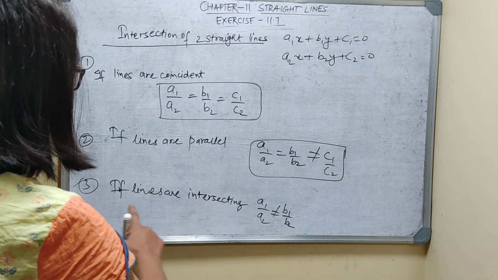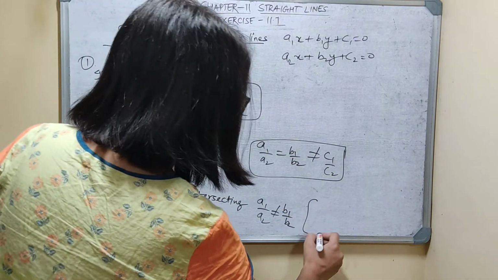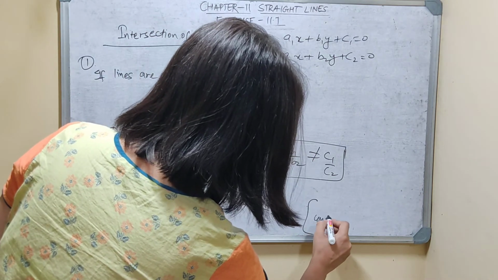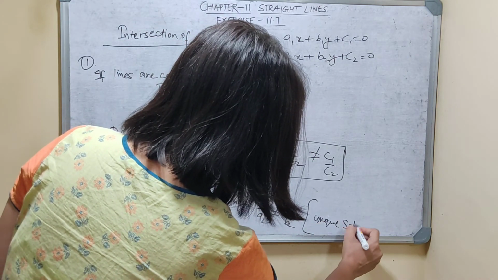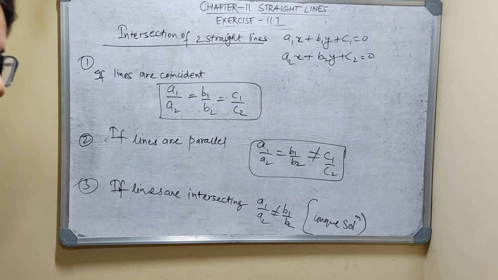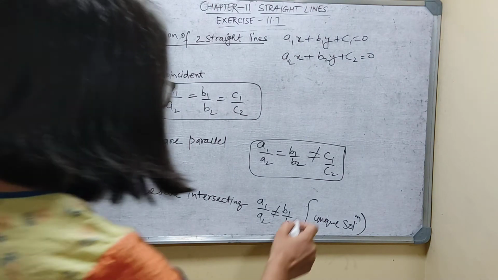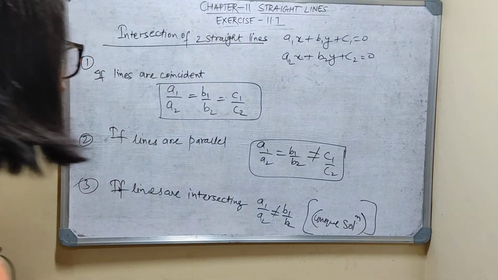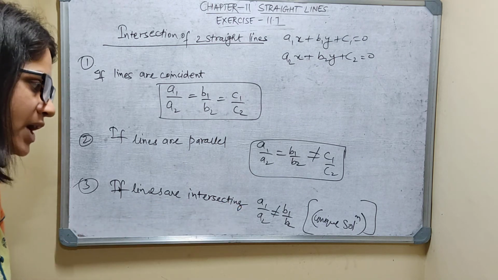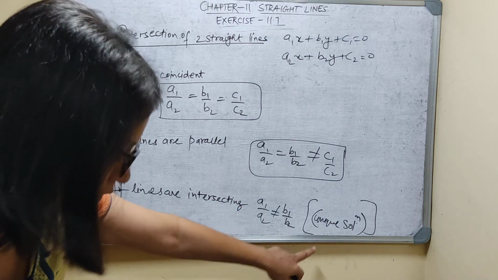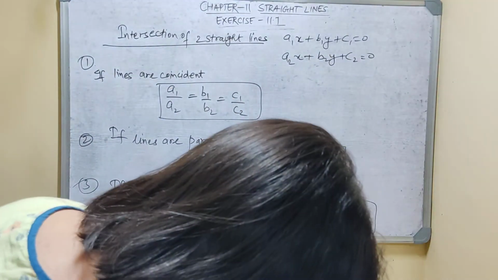In this case you will get a unique solution, which means a unique point where they are intersecting.